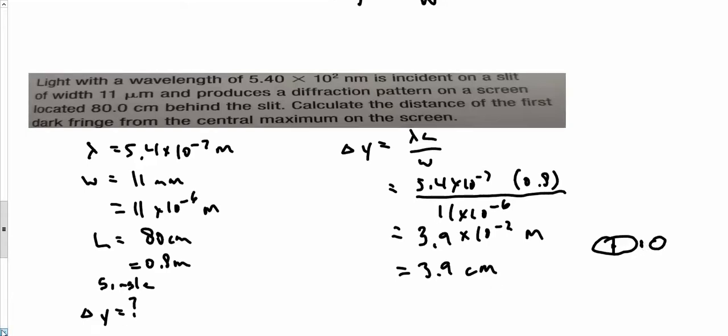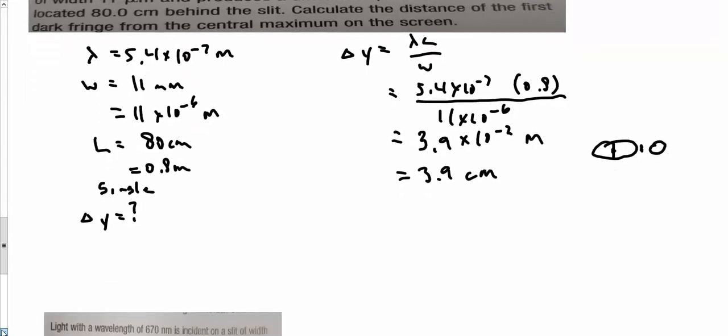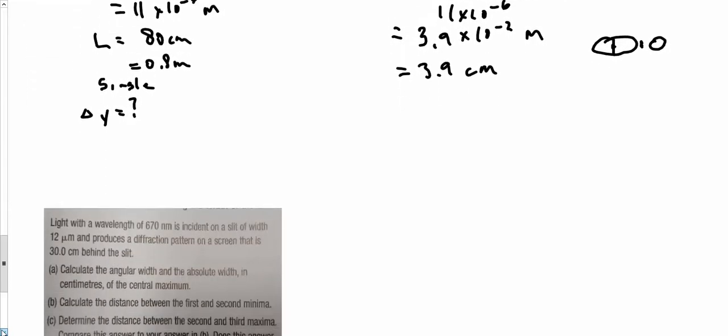Let's try another one here. Lambda is 670 nanometers, which is 6.7 times 10 to the minus 7 meters.